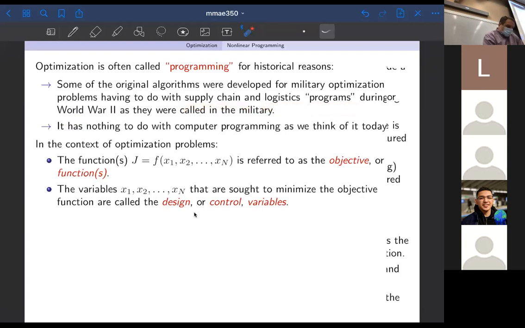So let's think in terms of our function, or functions, of one variable or multiple design variables. We'll call that our objective function, or some people call it the cost function. I like to say that pessimists call them cost functions because all they care about is how much it's going to cost, whereas the optimists among us call it an objective.